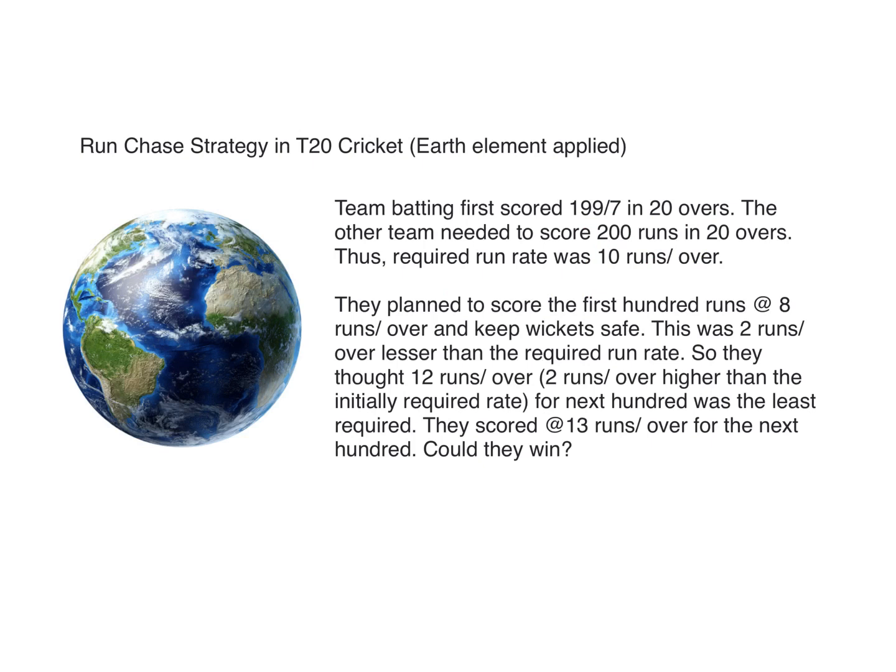Now, the pitch was somewhat tricky, and the opponent, that is the team which had scored 199 for 7, had some good fast bowlers, and it was expected that moisture can be a factor. So, they thought that in the beginning they will score the first 100 runs, maintaining a run rate of 8 runs per over, and they will focus on keeping the wickets safe.